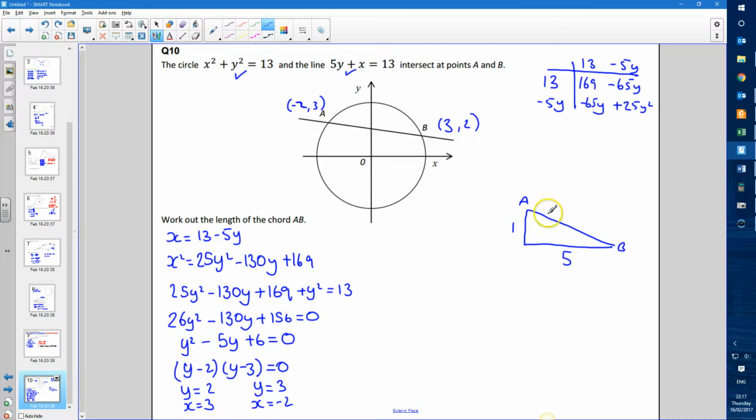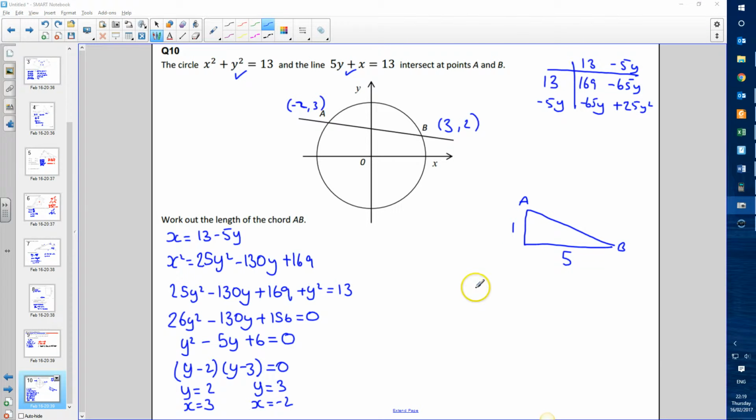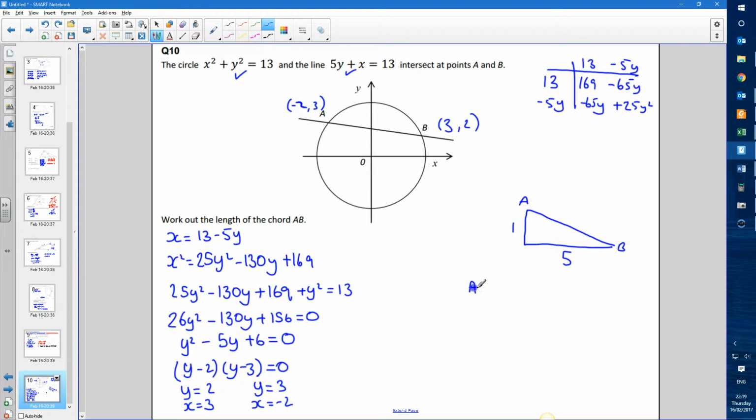So the distance between A and B, using Pythagoras, is going to be the square root of 1 squared plus 5 squared. So AB is equal to the square root of 1 squared plus 5 squared, which is going to be equal to the square root of 1 plus 25, which is 26.